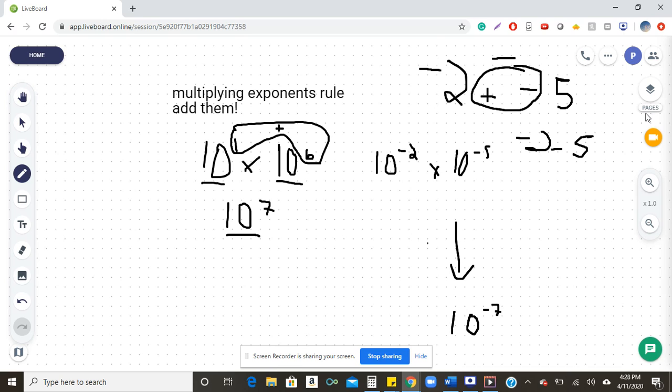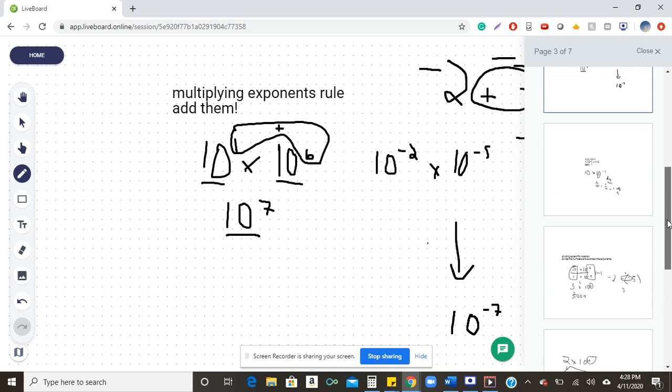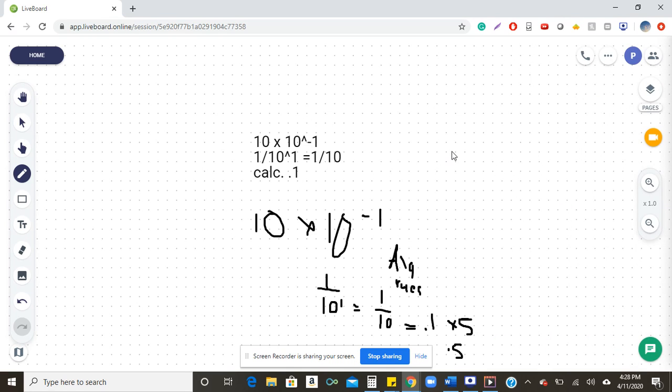So our next thing looks a little bit confusing, but it is again just the algebra rules and using a calculator or just mental math to evaluate a base and an exponent of the scientific notation.